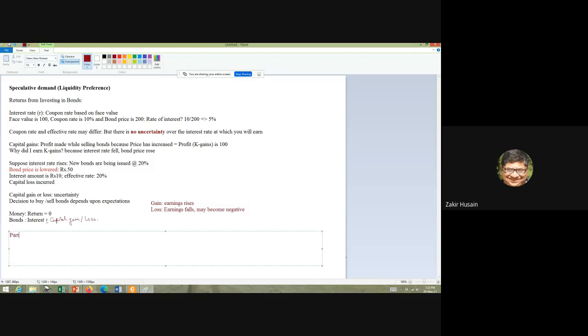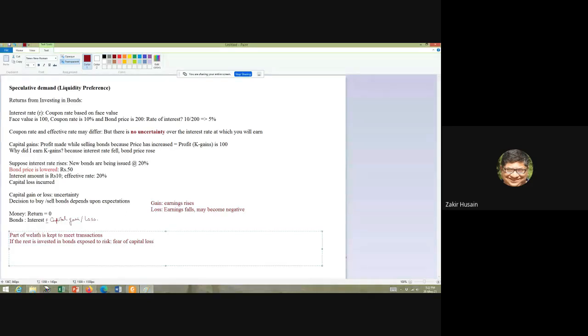So part of your wealth is kept to meet transactions. If the rest is invested in bonds, he becomes exposed to risk. There's a fear of capital loss.